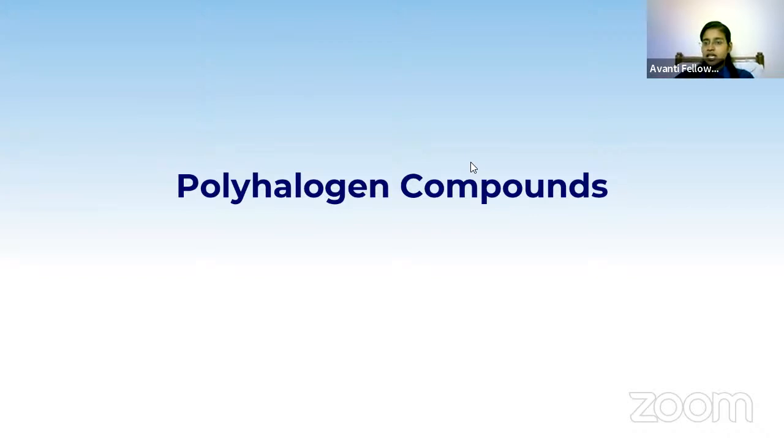So we have completed all the reaction parts. All the chemical reactions have got over. All the preparations also got over. So this is the very last topic where we will study the uses of polyhalogen compounds. So shall we go ahead?